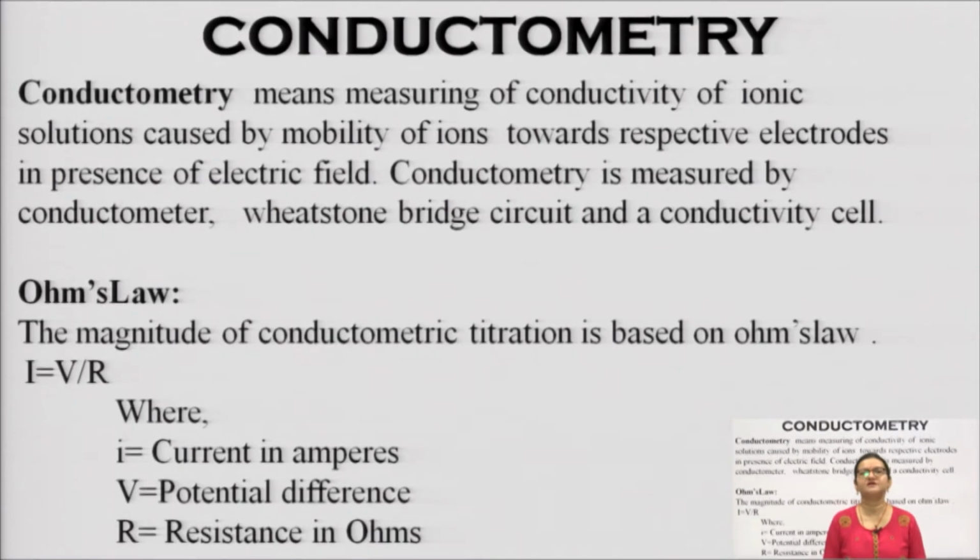Conductivity means measuring the conductivity of ionic solutions, or the solutions under study, caused by the mobility of ions towards their respective electrodes. When ions move, the charges move to the oppositely charged electrodes and generate a voltage and thus a current.